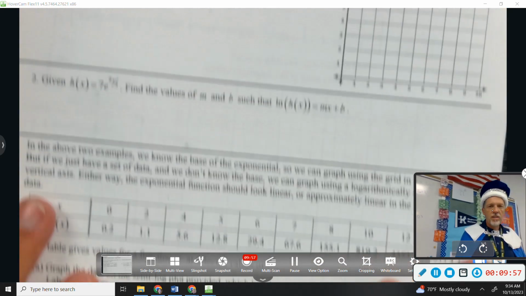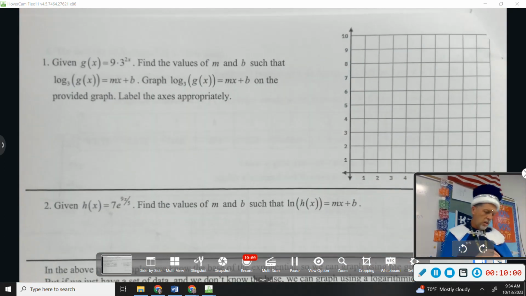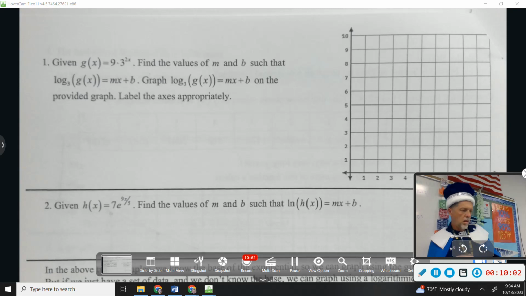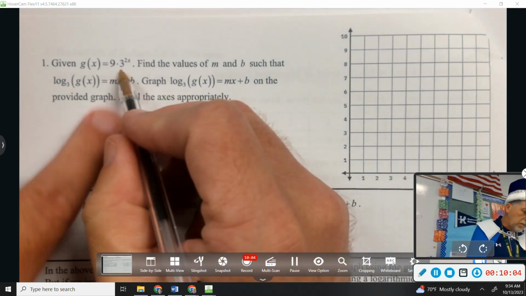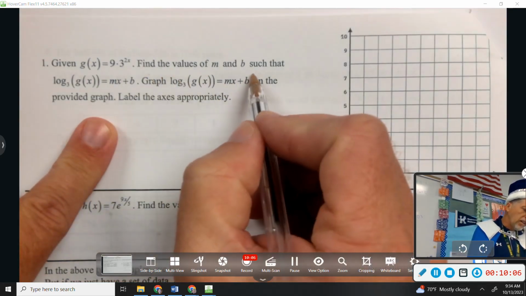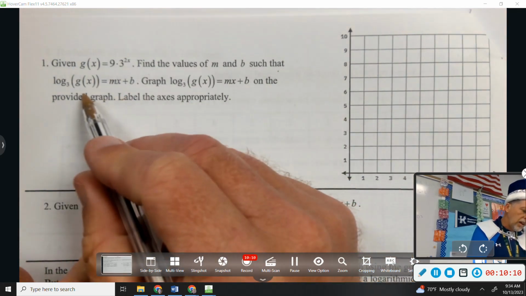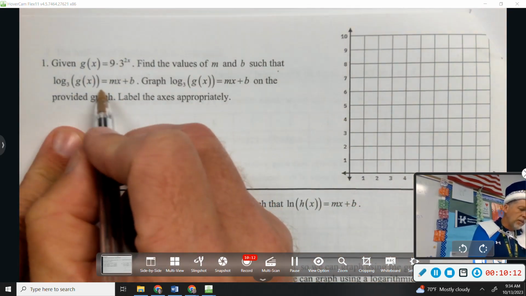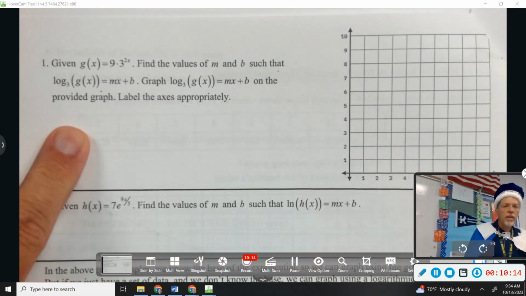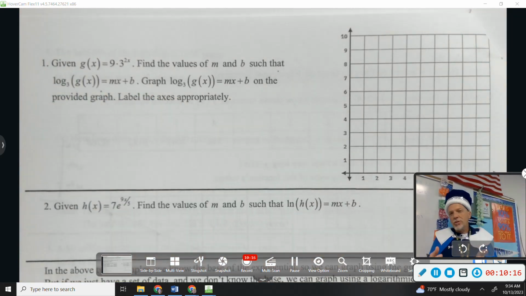All right, example 1, kind of the same thing. Given that g of x equals 9 times 3 to the 2x, find the values of m and b, so again the mx plus b thing, such that log base 3 of g of x equals mx plus b. Again, the problems are worded to kind of get you started.